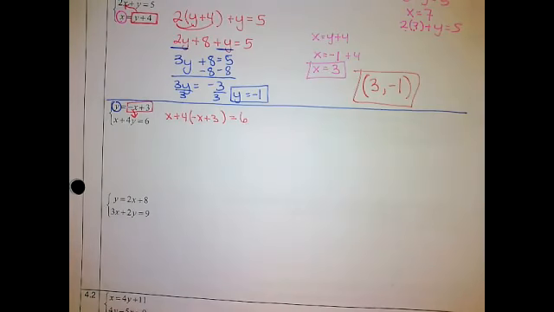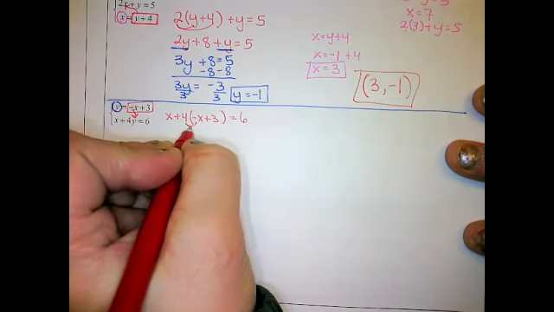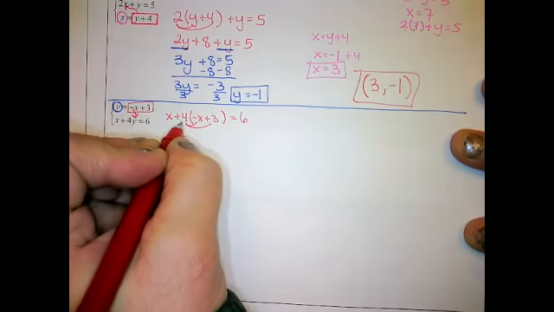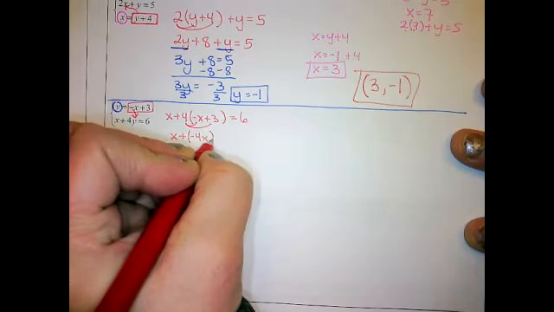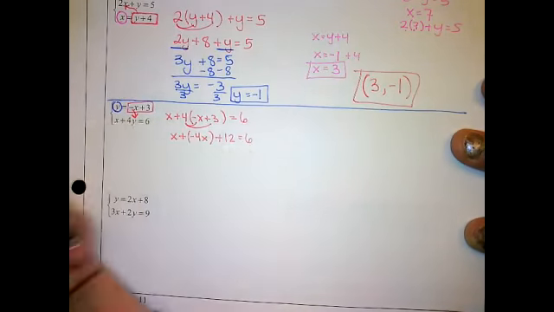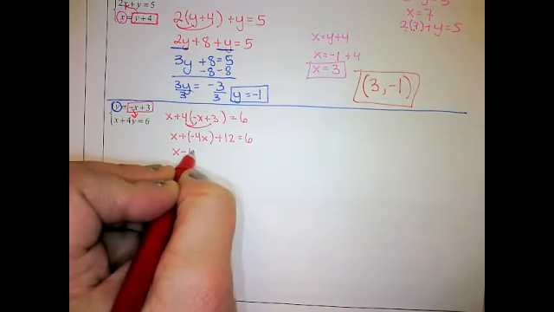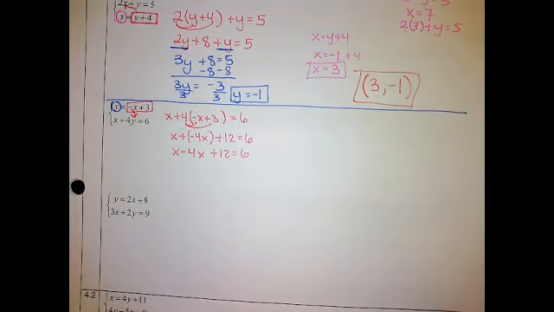Now I can go on ahead and start distributing and solve. So I have 4 times negative x and 4 times 3. So x plus, what's 4 times negative x? Negative 4x, and 4 times 3 is 12 equals 6. So I have x minus 4x plus 12 equals 6.